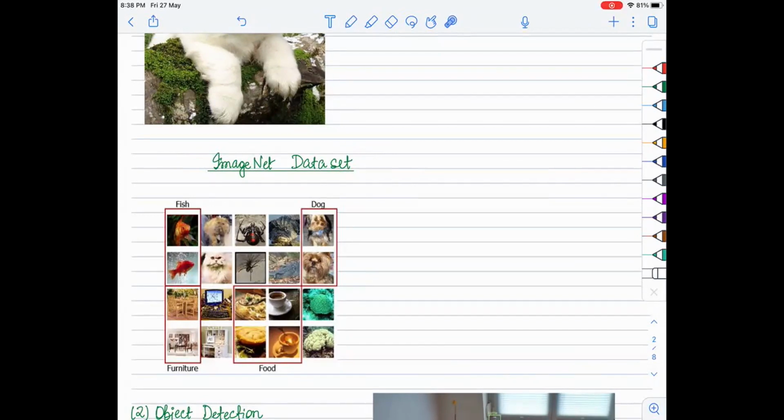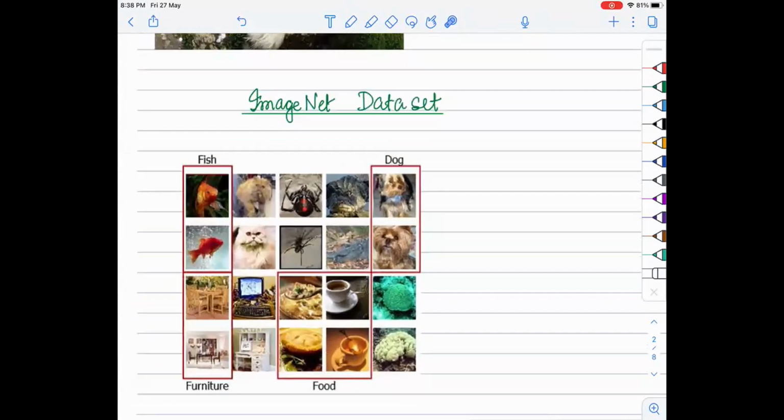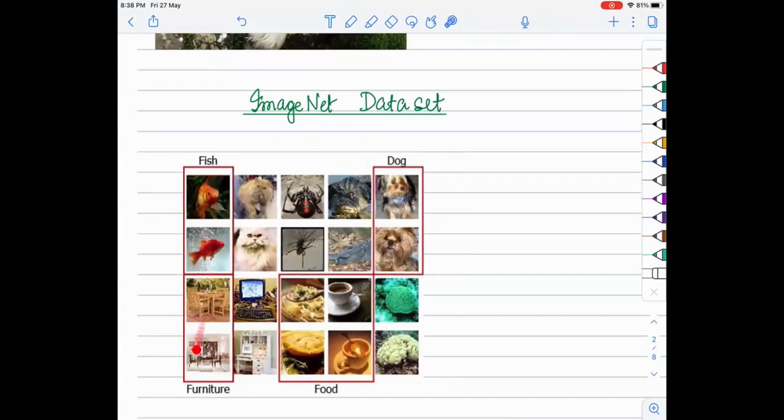In this challenge you had about 1,000 different classes, and if I remember correctly, about 1.5 million images were given to you. Your objective was to learn to make these predictions. Some of these classes were fish, furniture, food, dog, maybe cat, spiders, and so on.